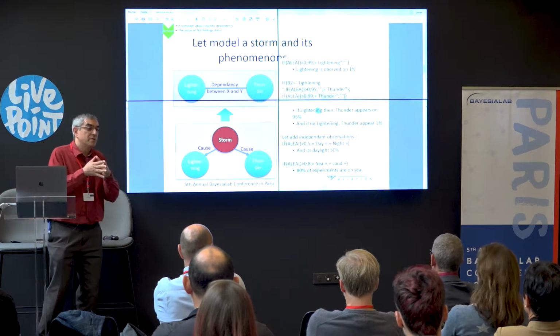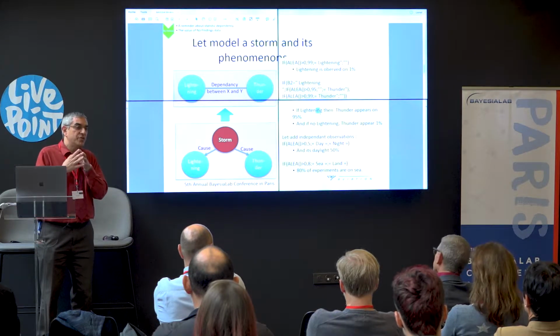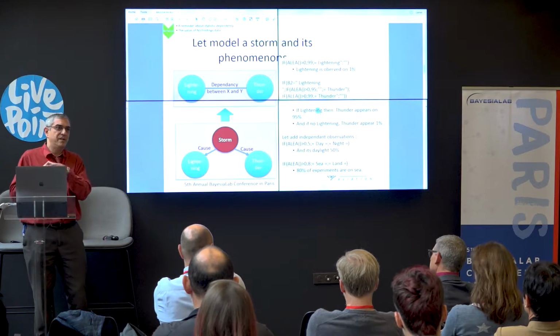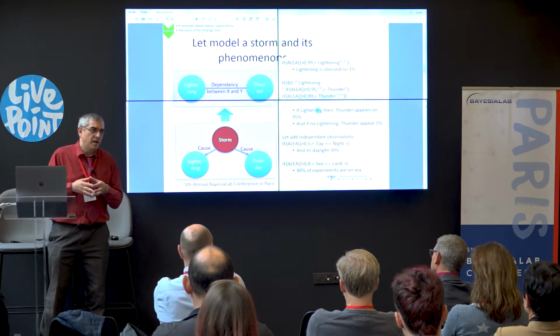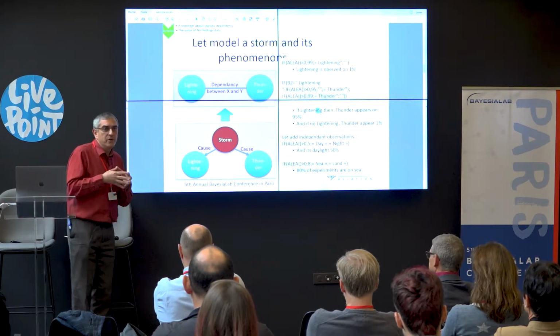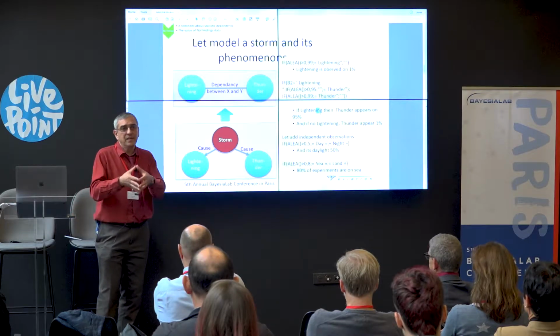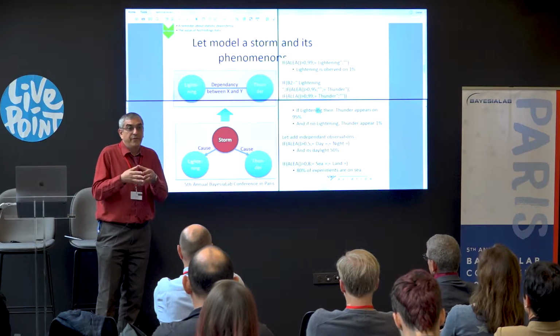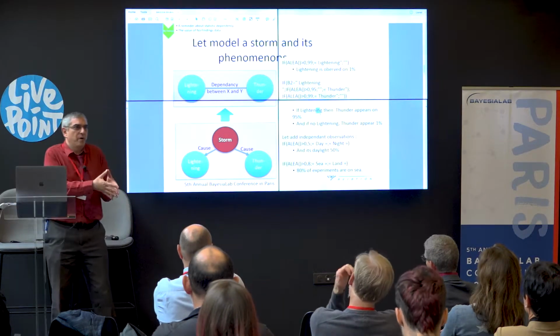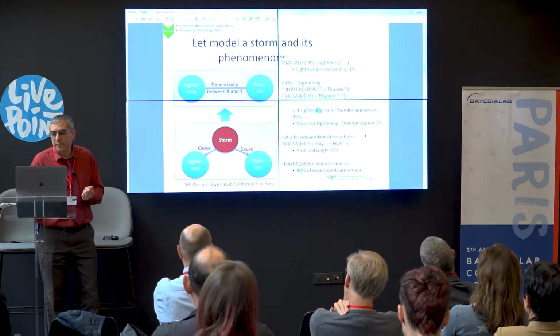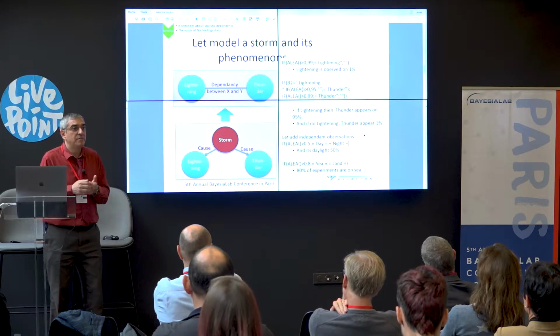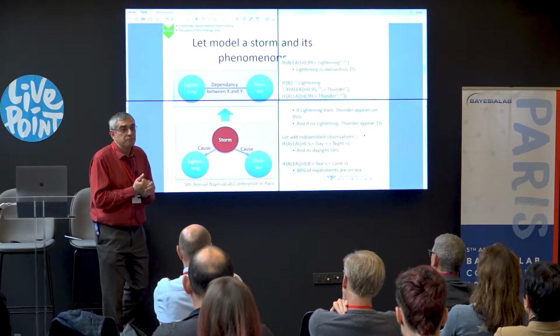And because we would like to check that we are able to identify true dependencies, and we would like also to check we are not identifying false dependencies, we introduce two other parameters, day and night, sea and land.